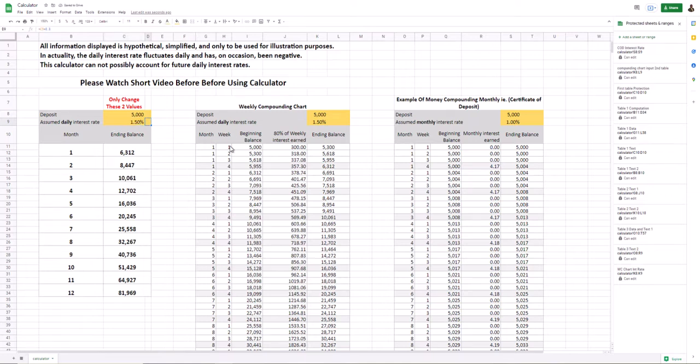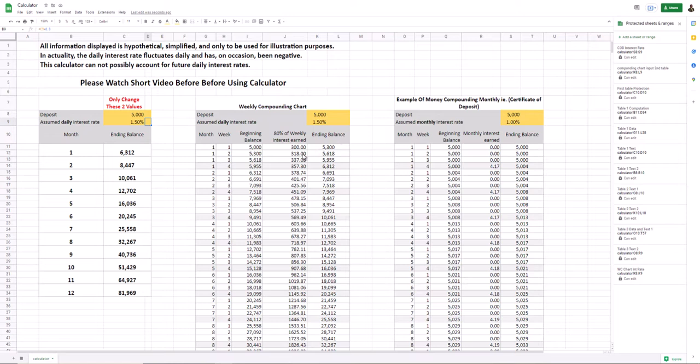And it's showing the amounts weekly. So after week 1, I start off with a beginning balance of 5,000. My 80% that I'm going to get, because IPC takes 20%, I'm going to end up with 300. I add that 300 back into my trading capital. I have 5,300.